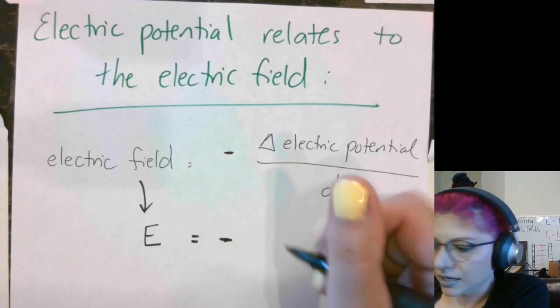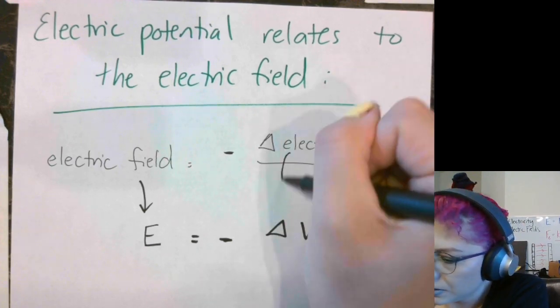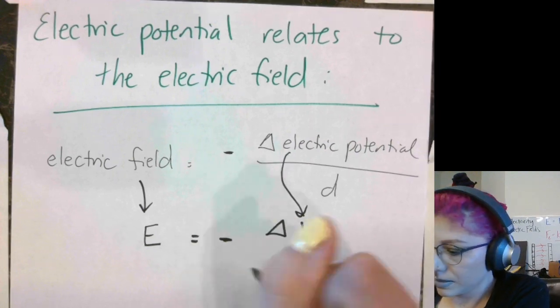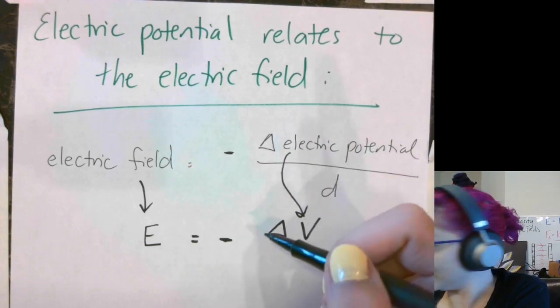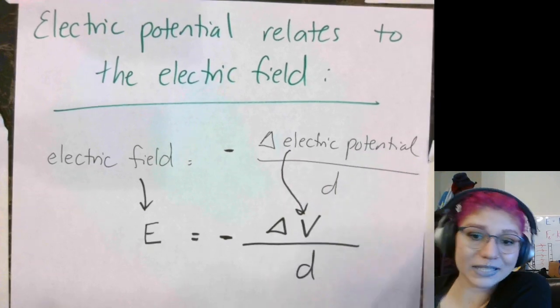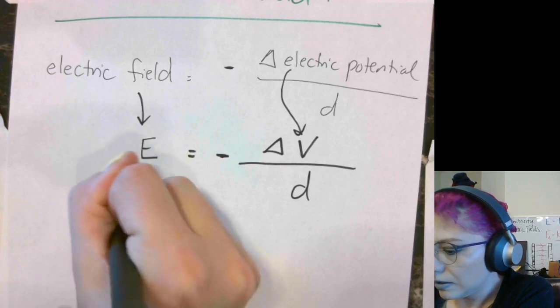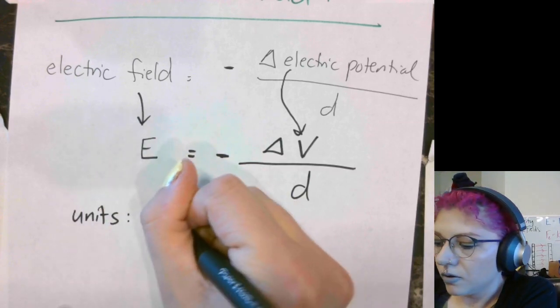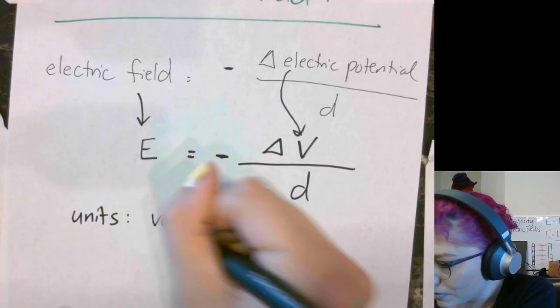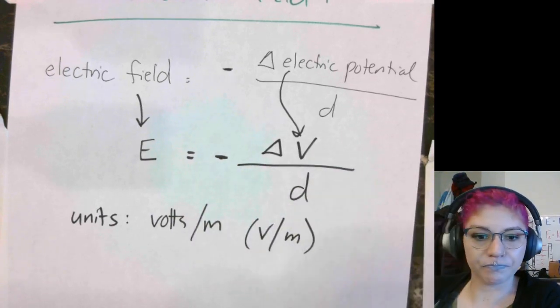I have that same negative sign. Electric potential is the voltage. Change in electric potential is the voltage over distance d. The units for this are volts per meter, or V over M.